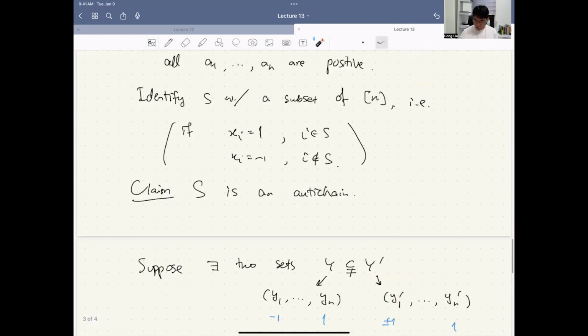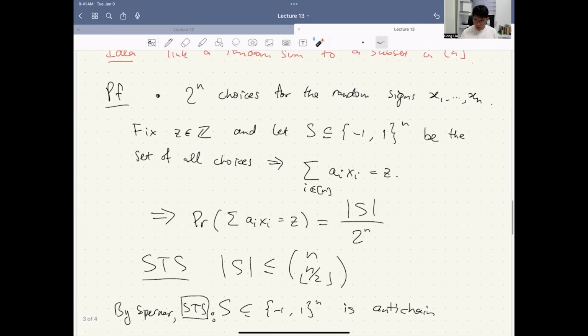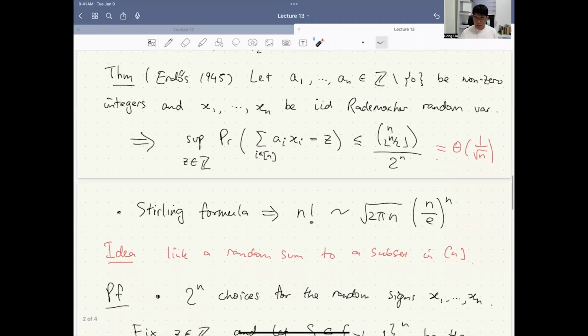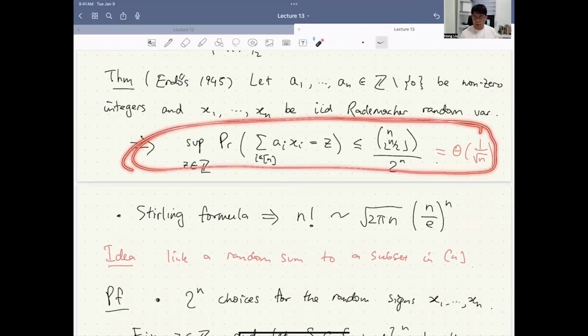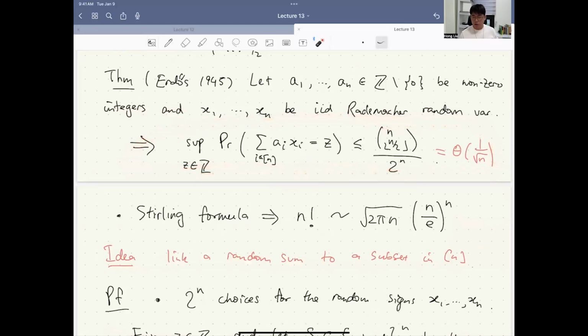From the beginning of the course, we've always been saying that whenever we see a statement, we should ask ourselves, is this bound optimal? So we should ask the same question here. Is our earlier result the best possible? Can we have a lower atom probability for a random Rademacher sum?